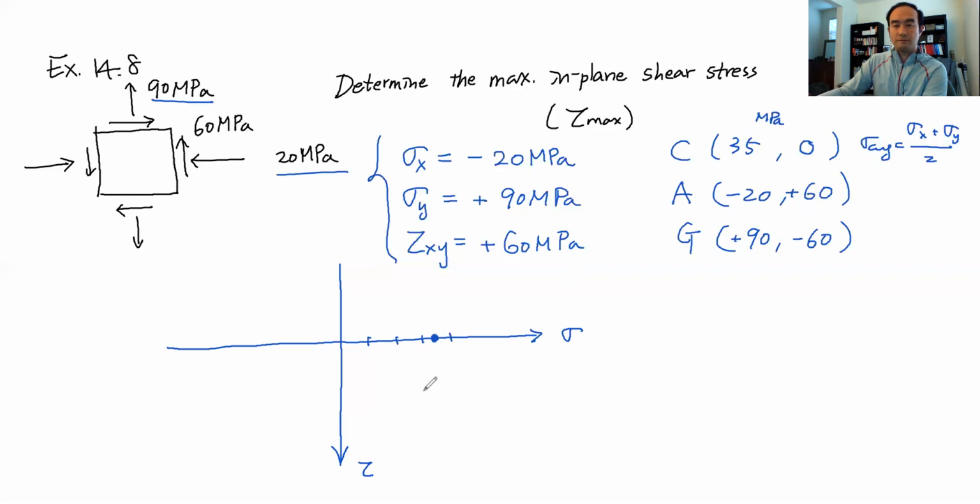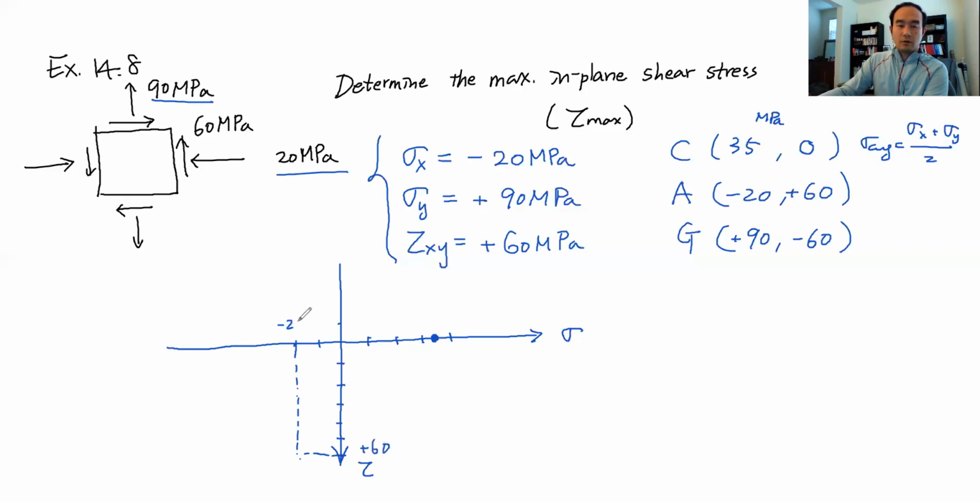This is point C. Point A is negative 20, so we have to go the other way. Negative 10, negative 20. So this is going to be negative 20 here. And then positive 60, so this way, 1, 2, 3, 4, 5, 6. So negative 20 with positive 60 here.